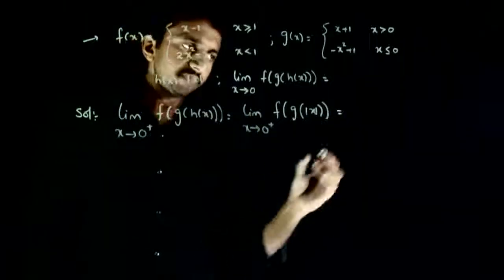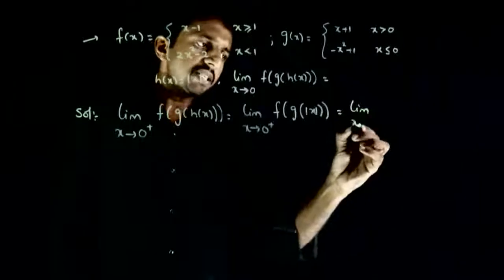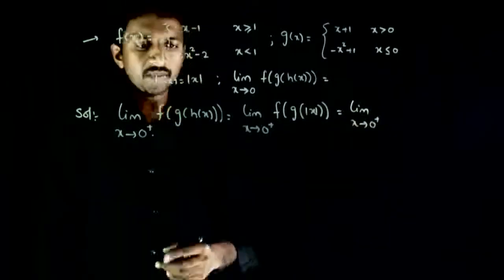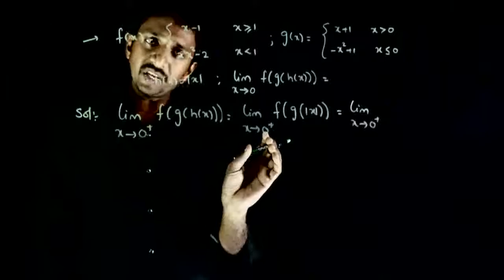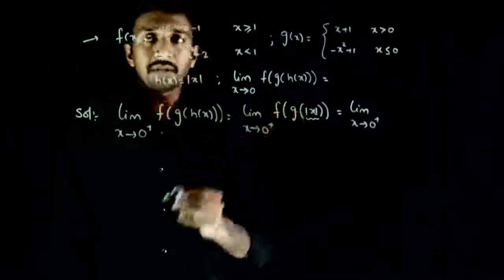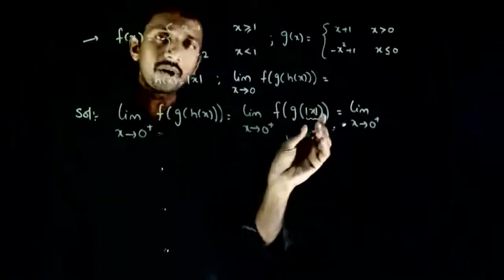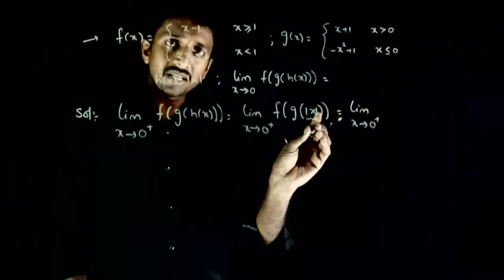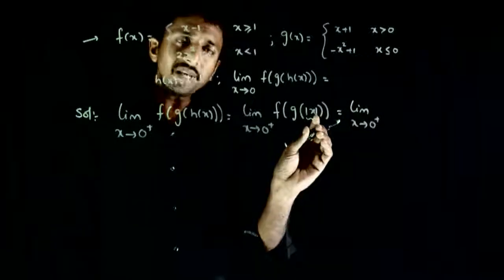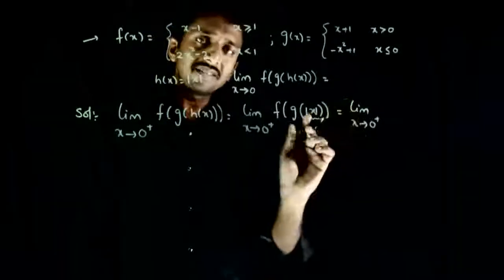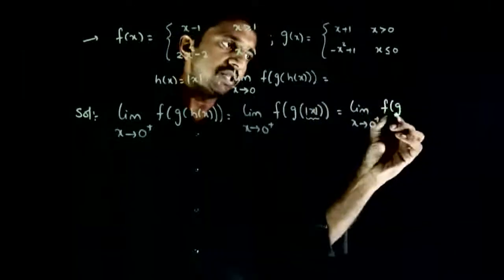That is equal to limit x tends to 0 plus. आप देख सकते हैं x अगर 0 plus में जा रहे हैं तो mod x also tends to 0 plus. Mod x is same as x. सही है? So mod x is same as x, f of g of x.